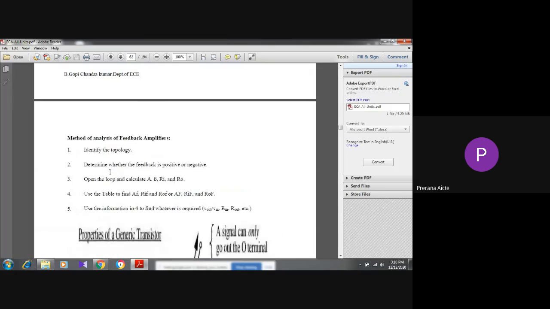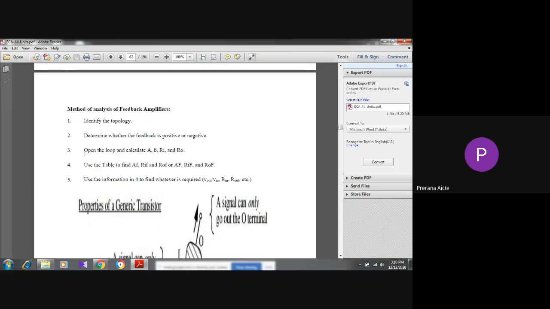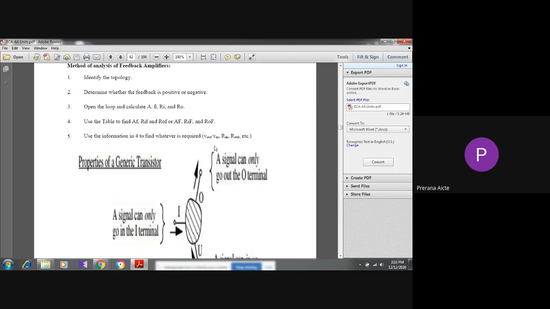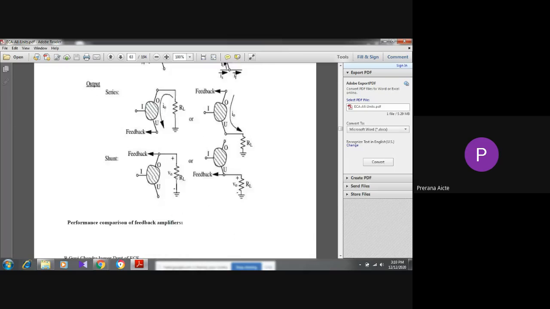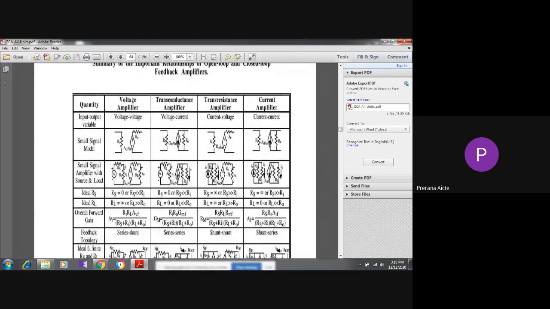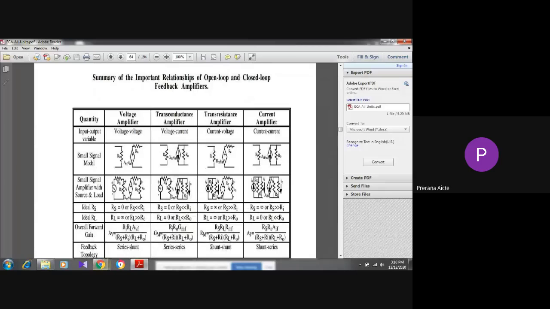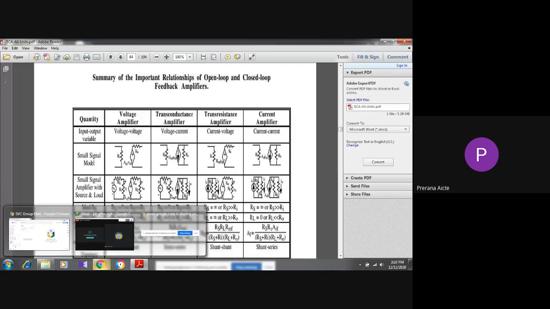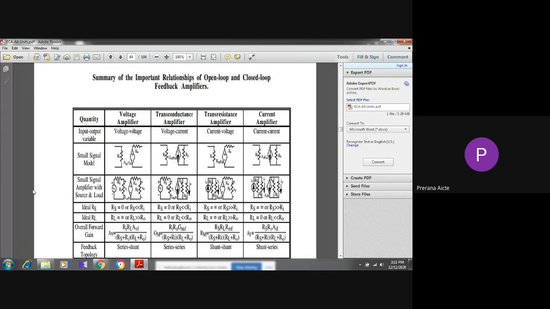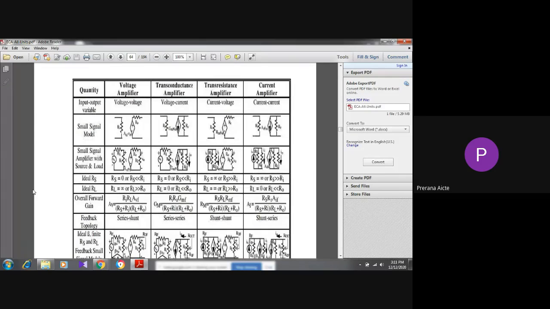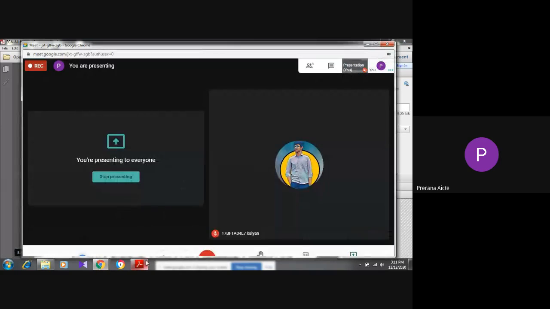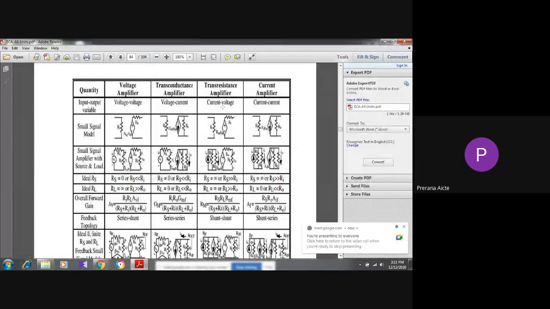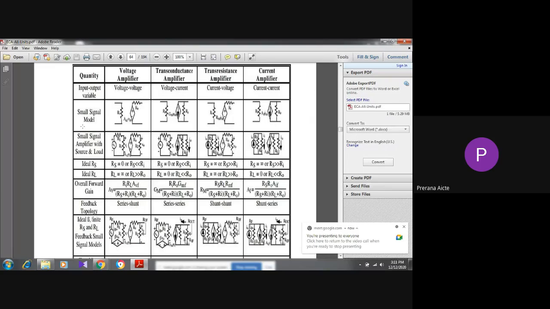Now, this is the methodology of how to calculate these feedback amplifiers, but this is not much important. And this table is very, very important. It is a summary of open loop and closed loop, with some important equations. See, for the four amplifiers, these are the quantities: input and output variables, small signal model, ideal values.